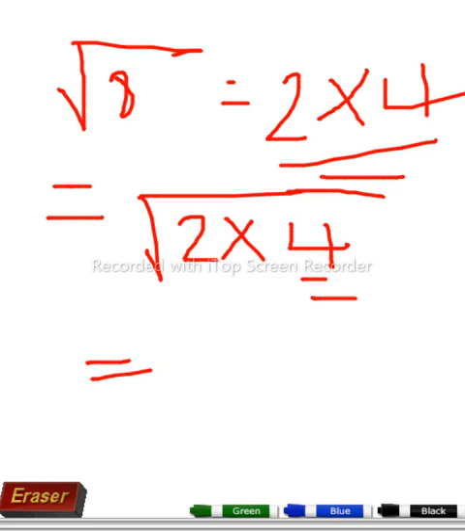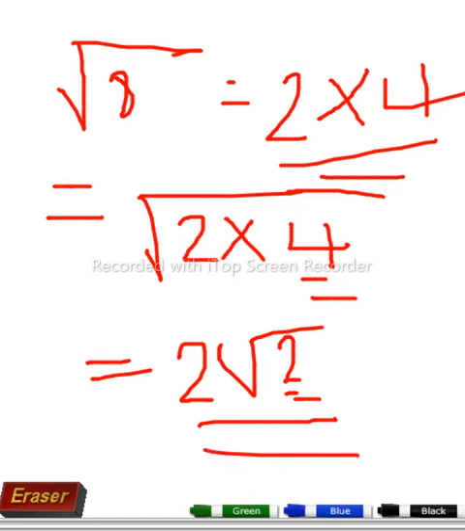So 2 is out of the root, and we can write it like this. 2 is not a perfect square, so 2 stays as it is in the square root. So finally we get this answer after simplification. So this is the final answer.